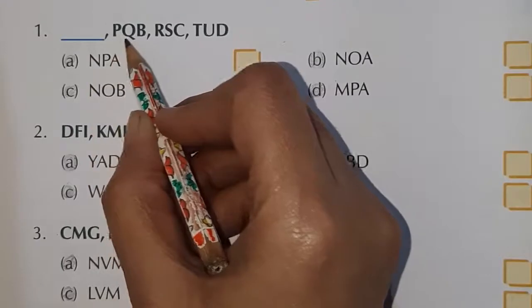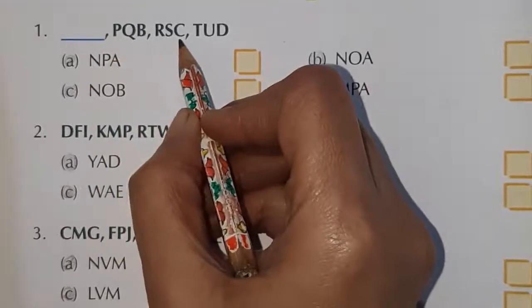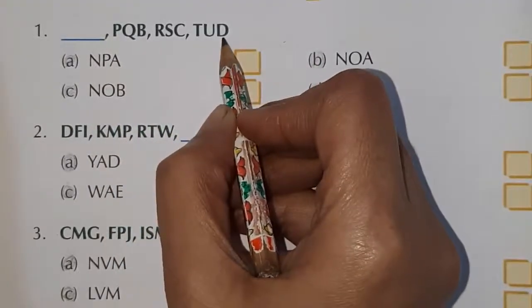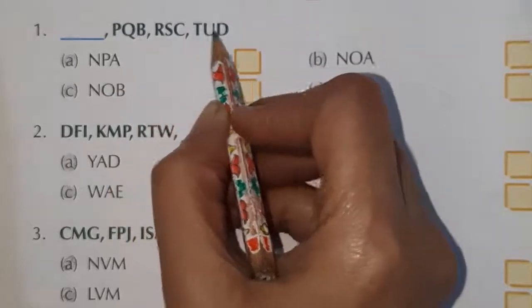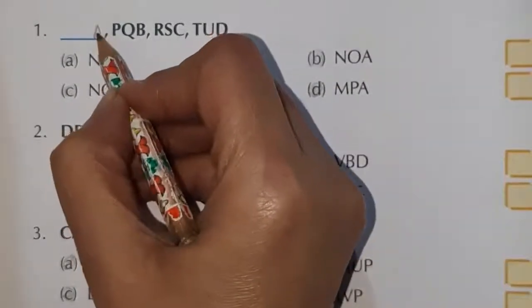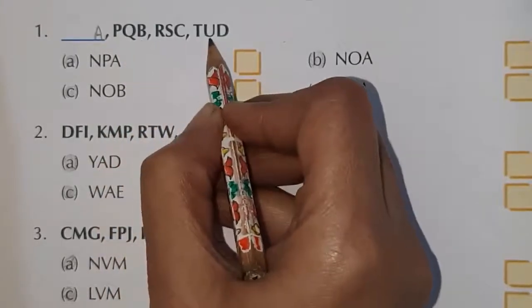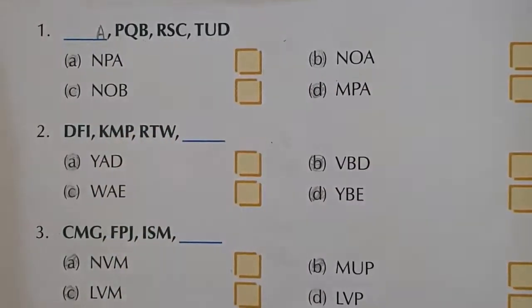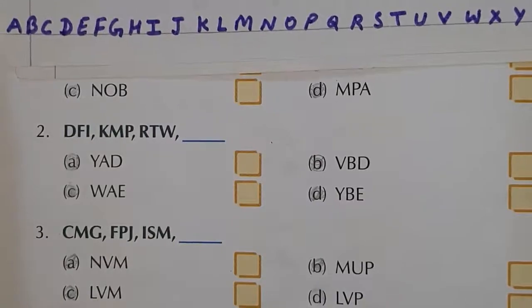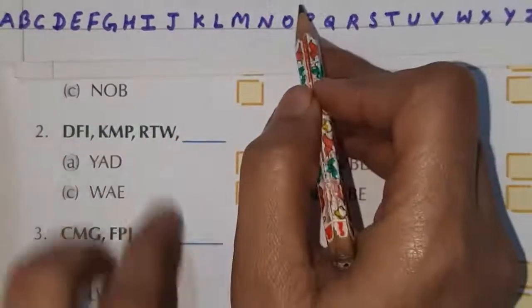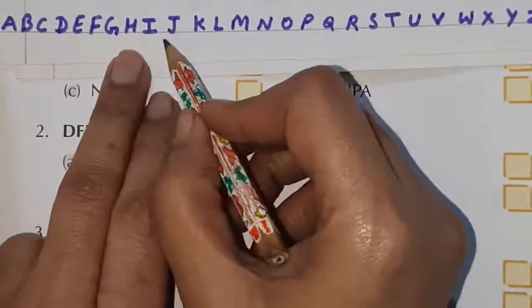Dash, PQ B, RS C, TU D. First of all, say B, C, D. So A. Now PQ, RS, TU. Look here. PQ. Alphabets we have written.